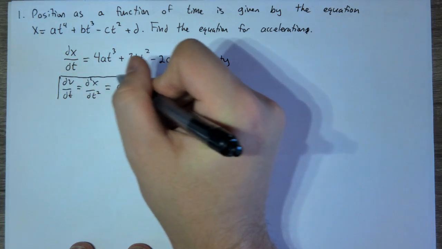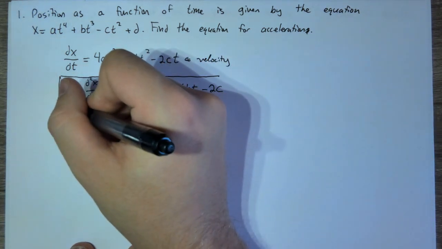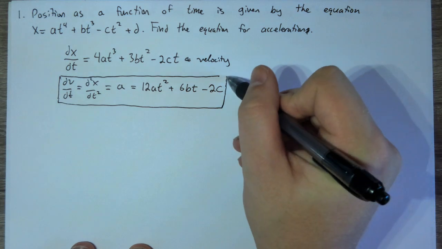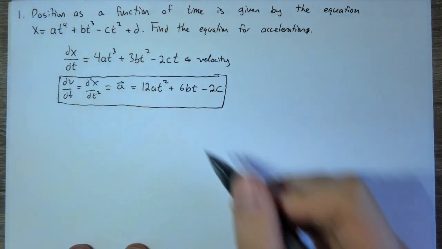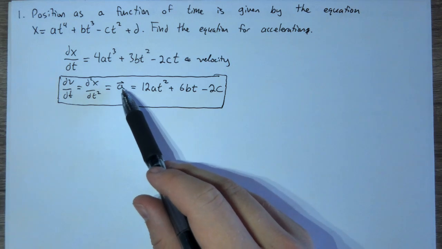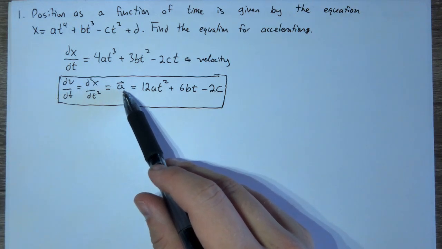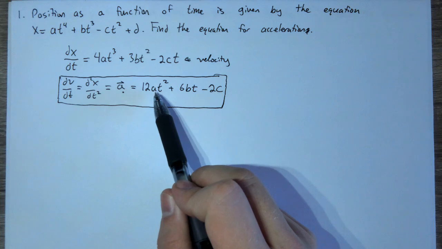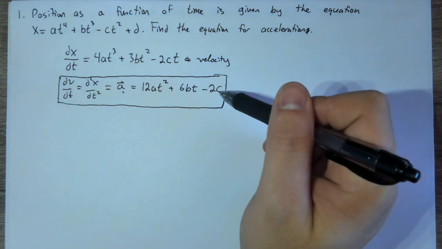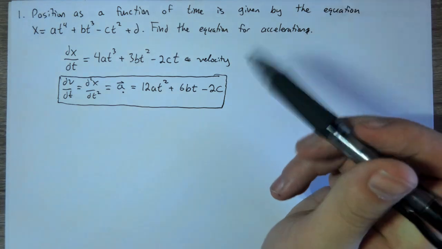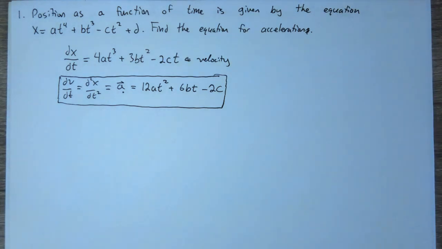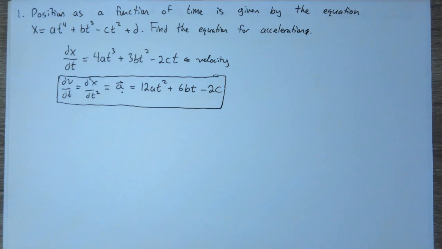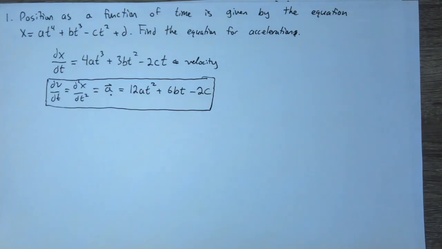And that is our final answer. That is our equation for acceleration. And I'm going to draw an arrow there so we don't confuse acceleration A with our constant A. So this A, B, C, and D are just numbers. Okay, so that's how we solve the easy problem.